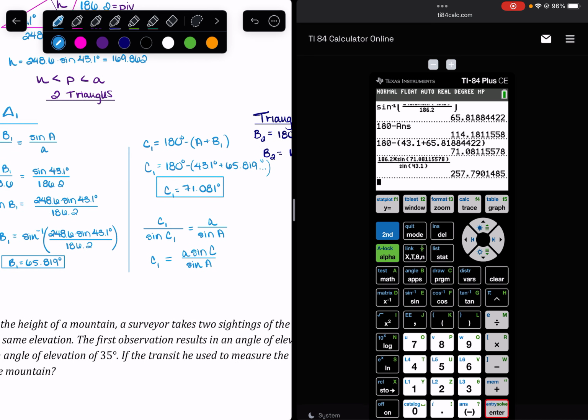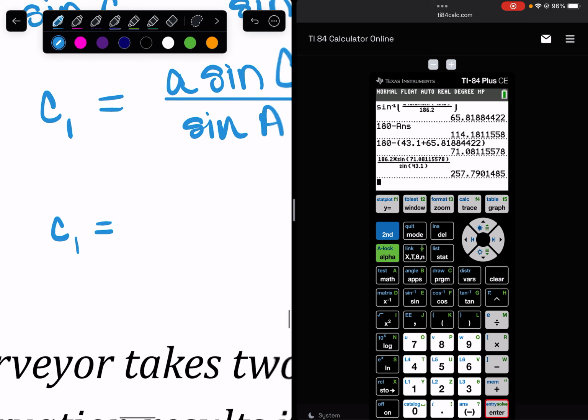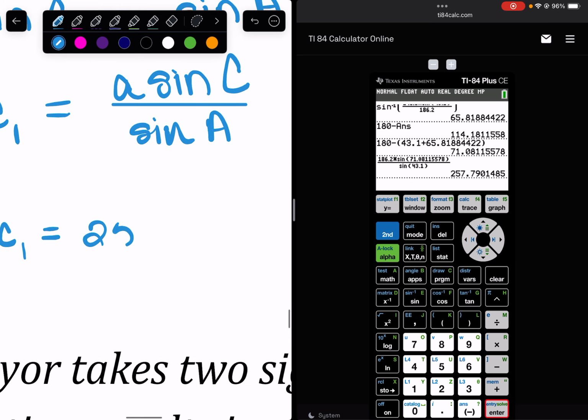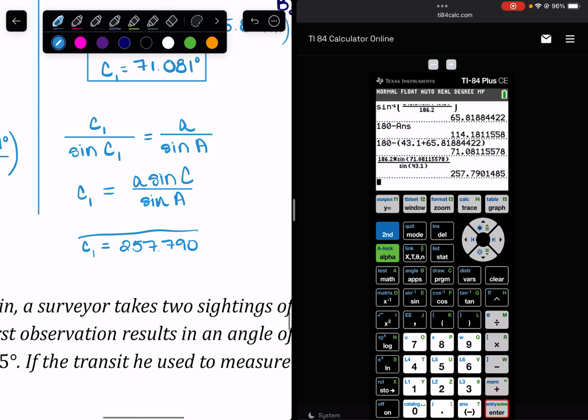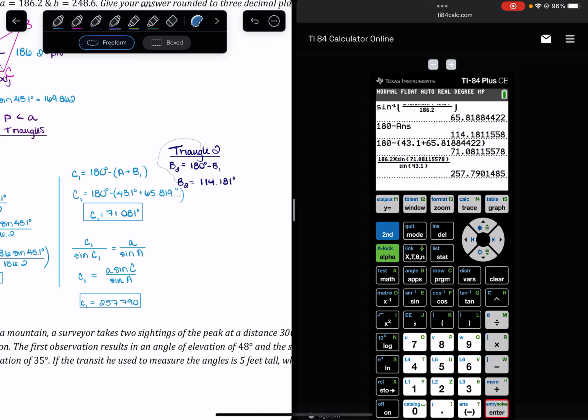So our side C1, don't you love the two triangles? 257.790 if we're going to 3 decimal places. So there is our other missing side. Okay. It's nitpicky when you got 2 triangles.